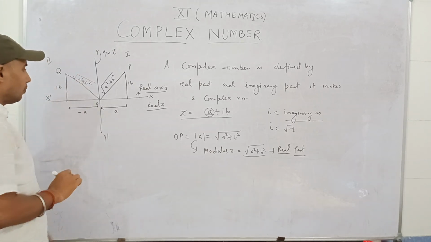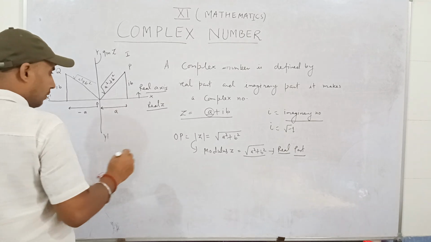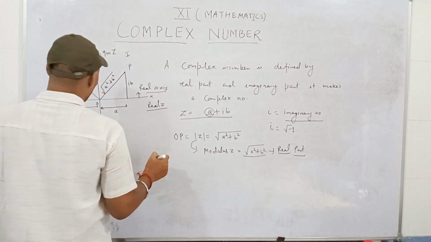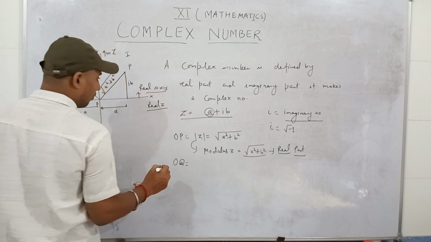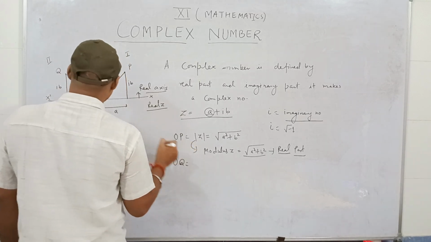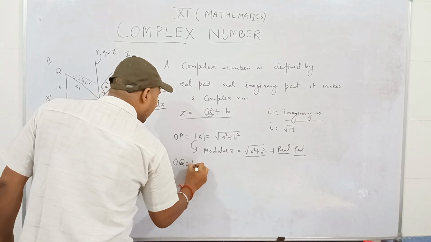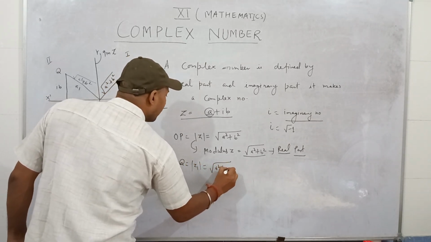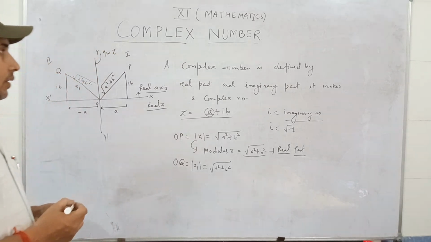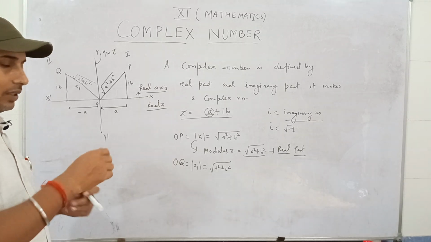This is Q. We can say OQ is also, this is Z1, mod of Z1 is also under root a square plus b square. आई होप आपको समझ में आ रहा होगा. चलिए जानते हैं.